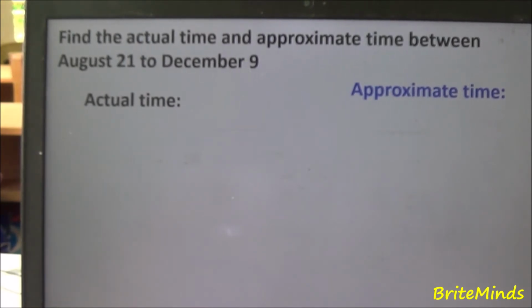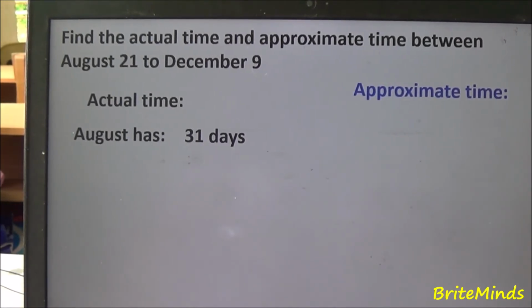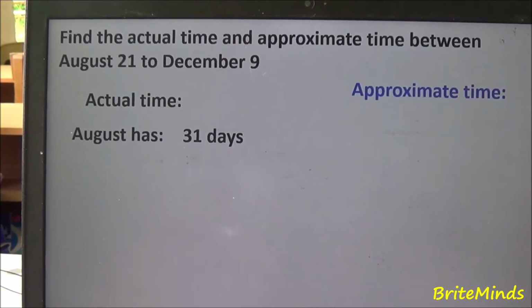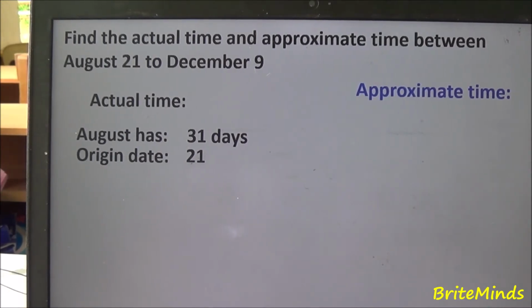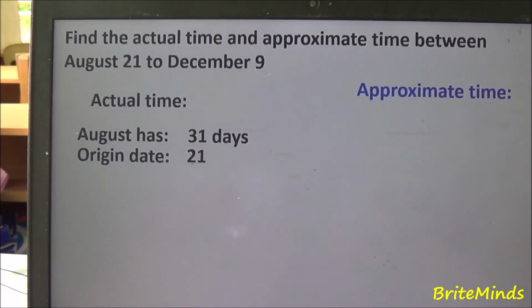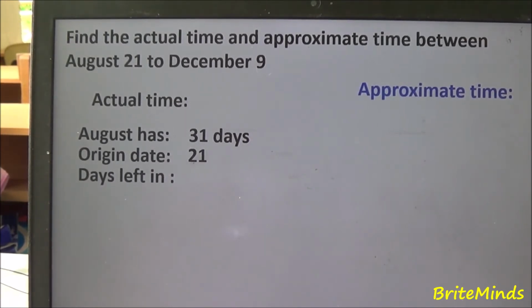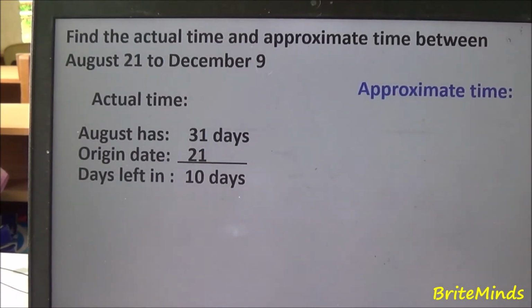Okay, so the origin date is August, and August has 31 days. Since it started on 21, the origin date is 21. How many days are left for the month of August? Days left in the month of August is 10 days.